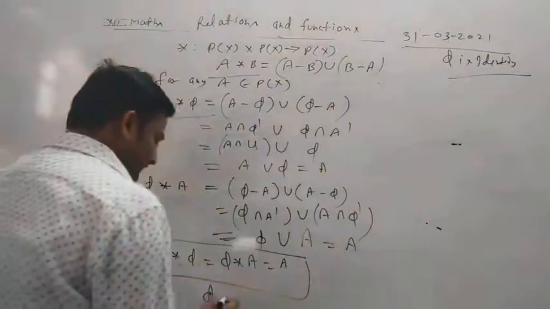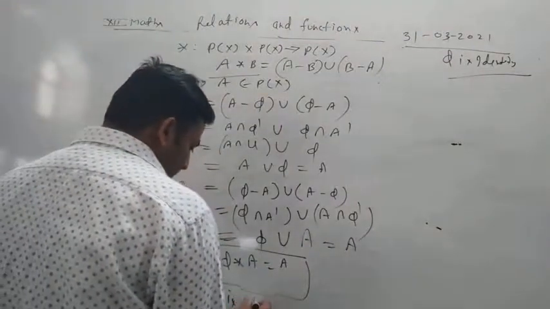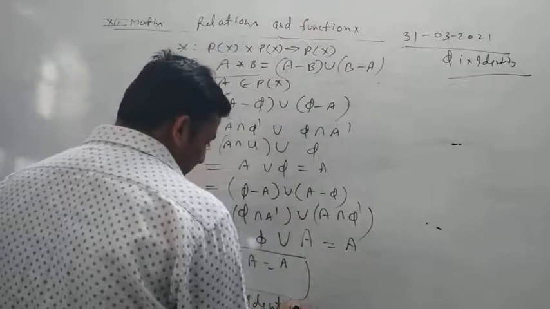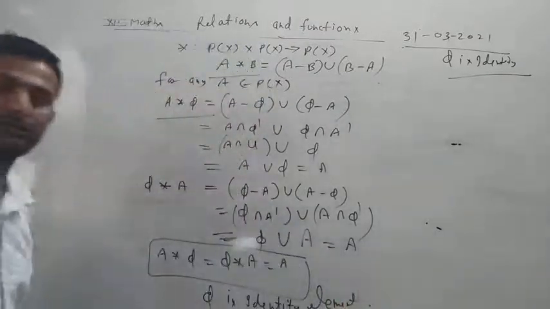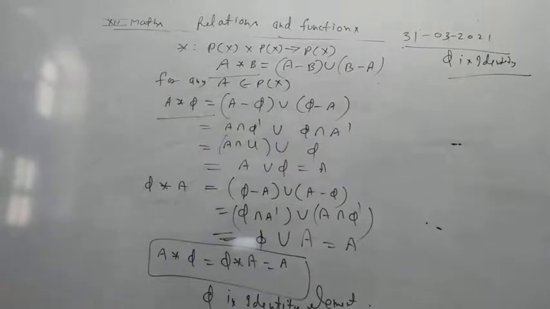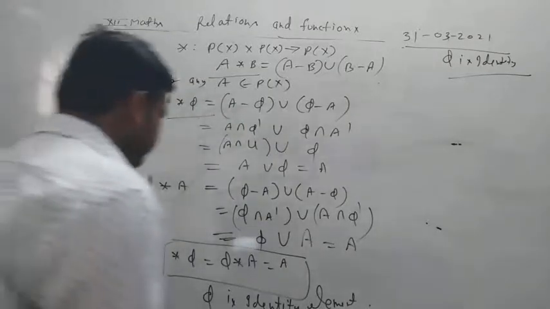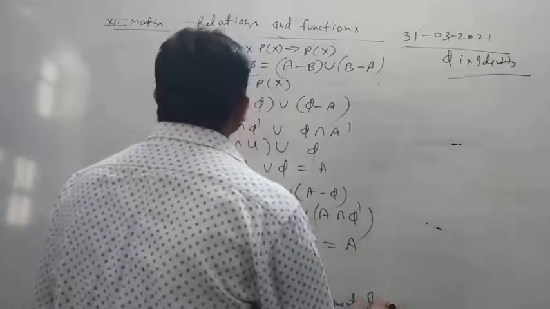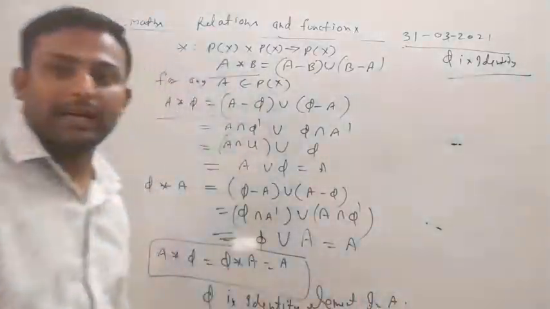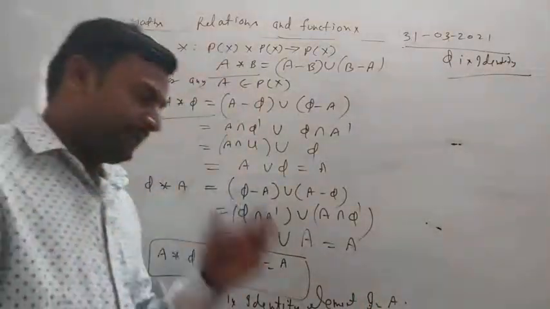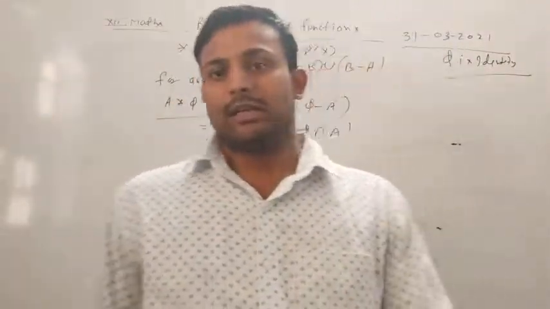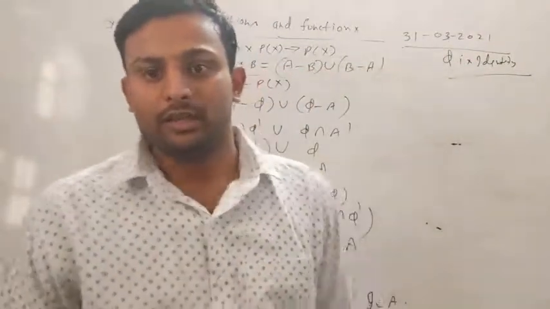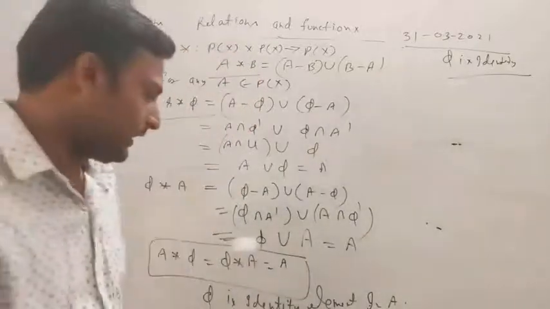It means that this phi is the identity element. Okay students, because we know that if A star E is equal to E star A, then our E is the identity element.